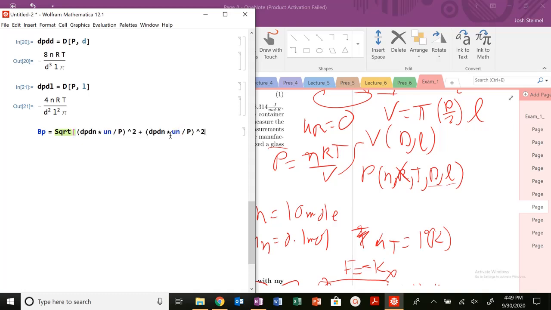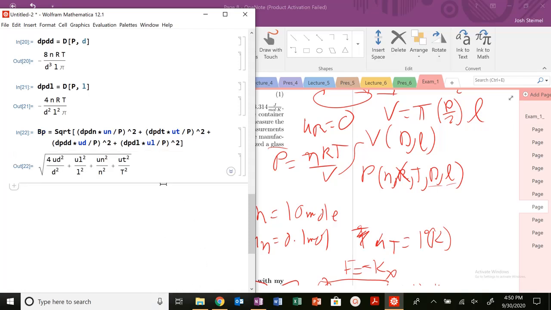So here, dP dT times the uncertainty in T, excuse me, dP dT divided by pressure, plus, same thing here. Now with respect to D, uncertainty in D, plus dP dL, uncertainty in L, right here, square root, and that's it.